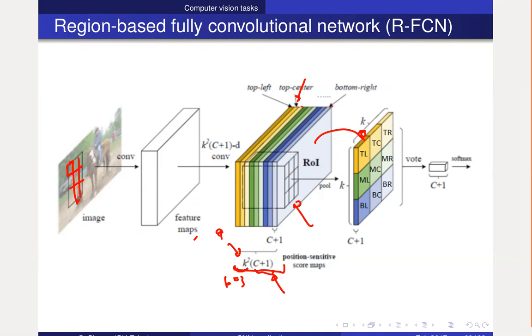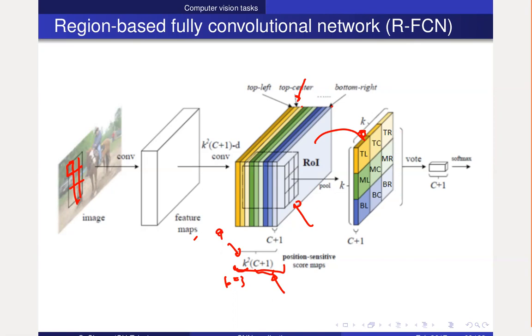After this, I can rearrange them back into this k by C plus one, and then each of them will correspond to a different score now. So I can do a voting now to determine whether this is a good or bad detection.